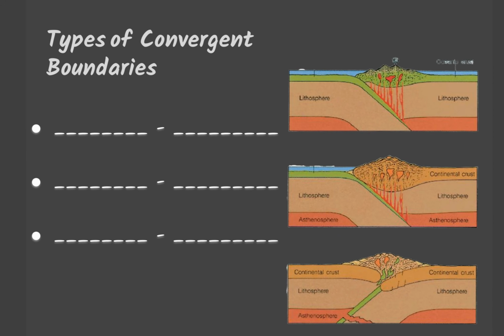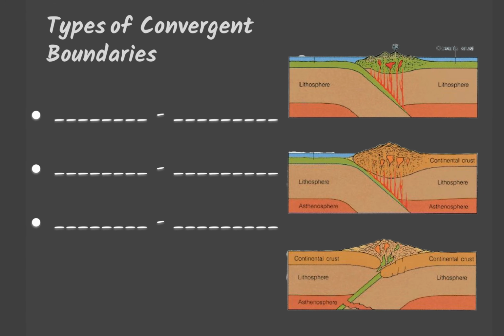So again, there's three different types of convergent boundaries depending on the type of crust. You can have a situation where oceanic crust collides with another piece of oceanic crust, so oceanic convergent boundary. You can have oceanic crust collide with continental crust, and that would be an oceanic continental convergent boundary.